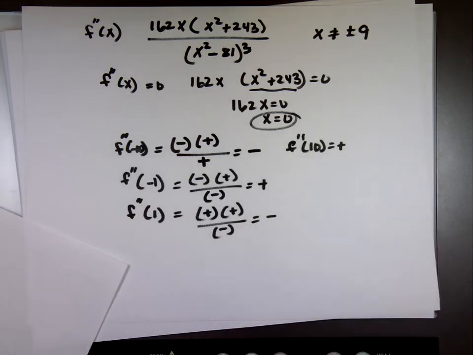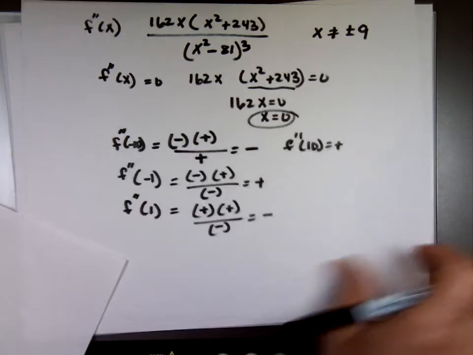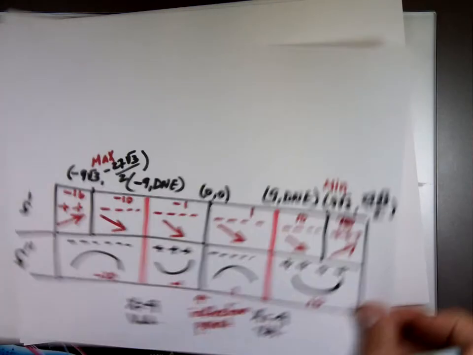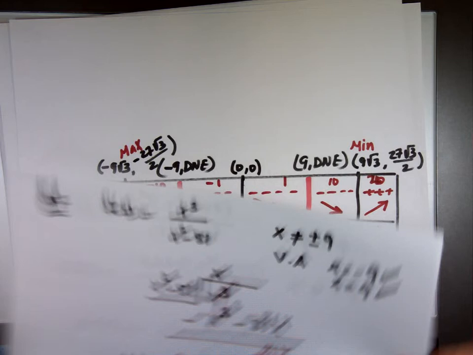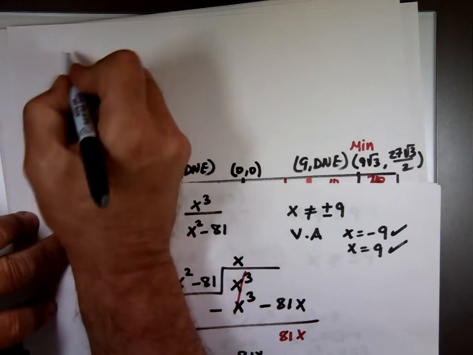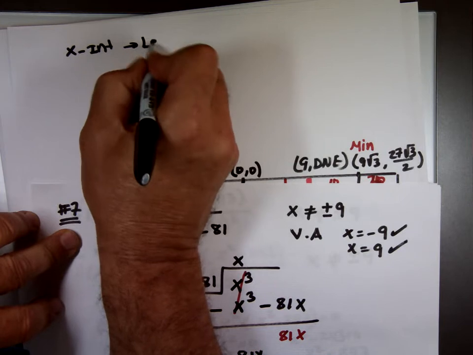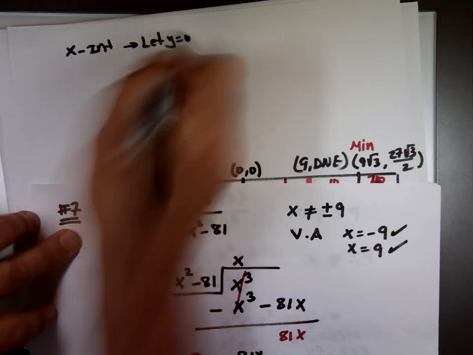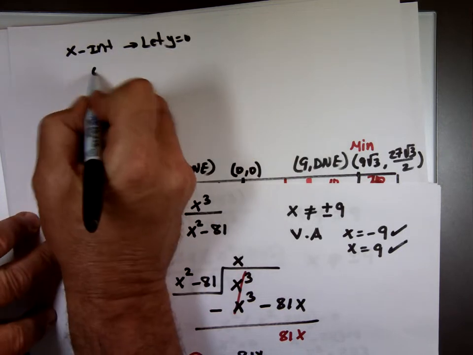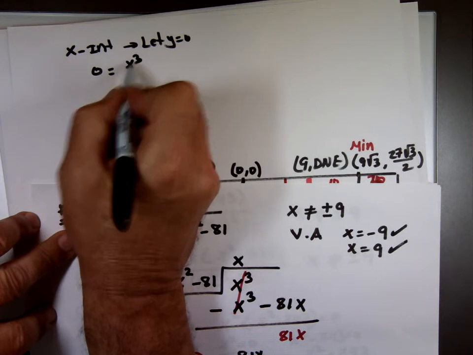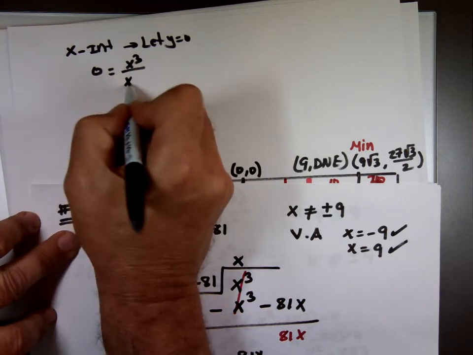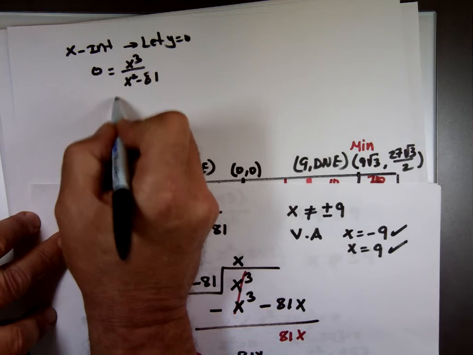So let's find the x and the y-intercept. There's f of x again. For the x-intercept, let y equal 0. So 0 equals x cubed over x squared minus 81. X will have to be 0. That's the only way.